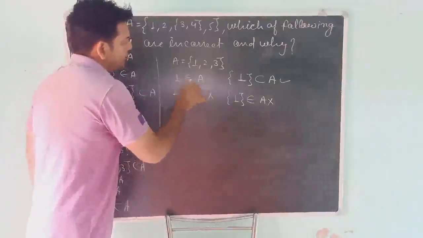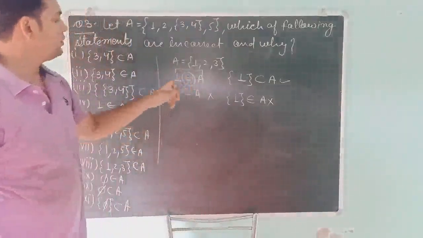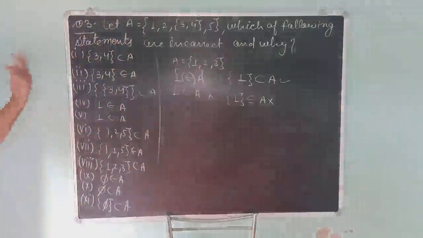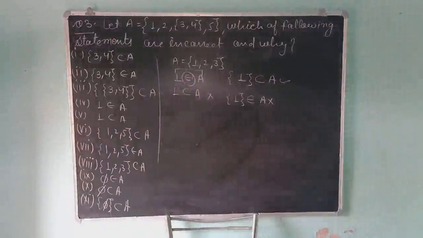Suppose here I am using the belongs to symbol and this is right, then I can't use the subset symbol. So students, this is the main concept of this question, and you have to understand this concept.